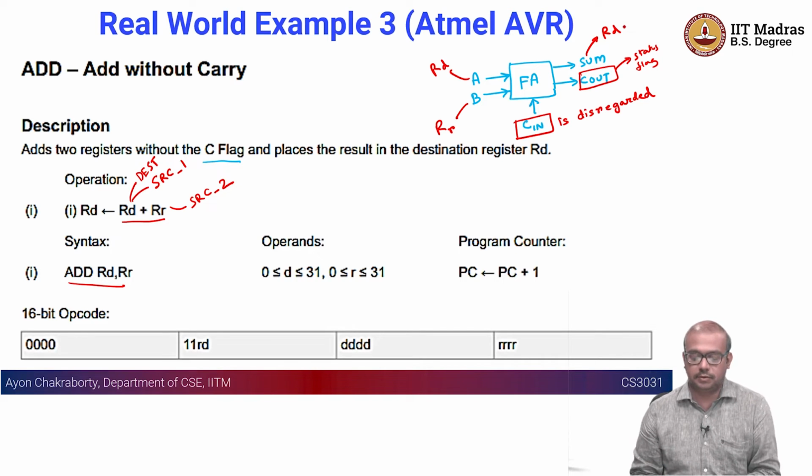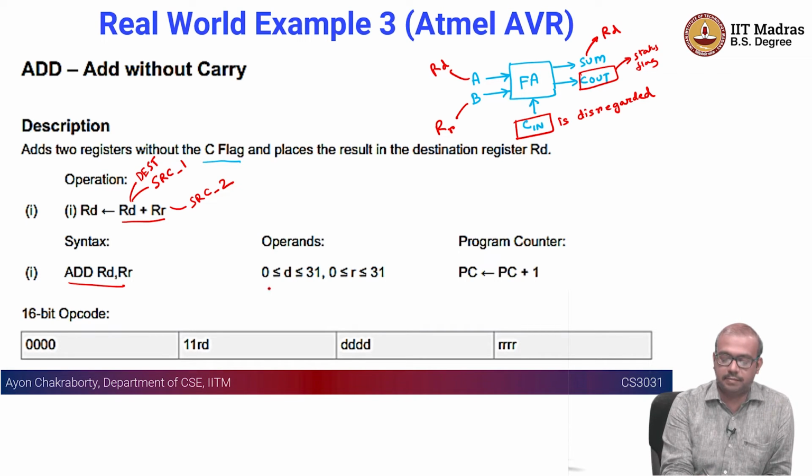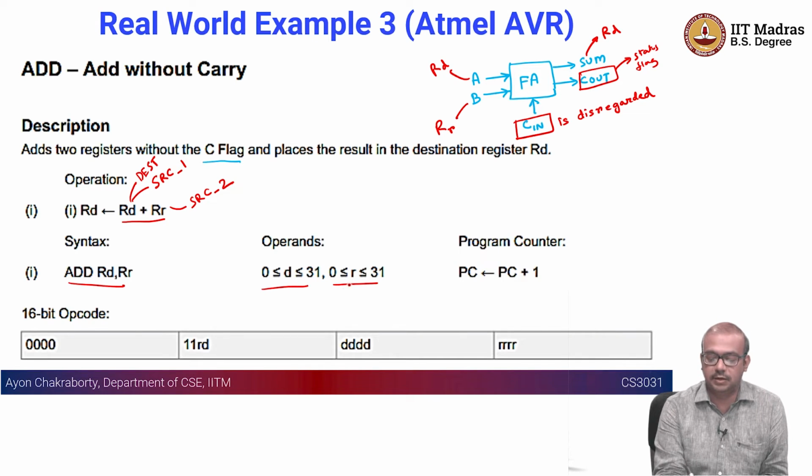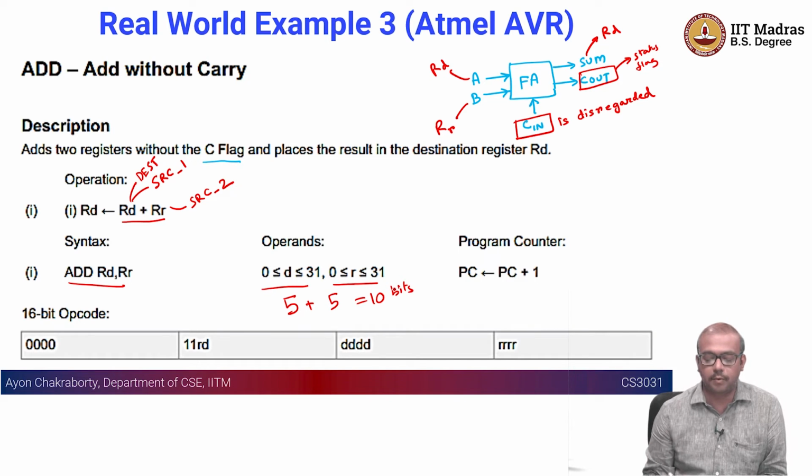Okay, so here also I have the flexibility to choose any register out of the 32 registers. So 5 plus 5, 10 bits. I still have 6 bits more, and those 6 bits are enough to express the fact that this is addition.